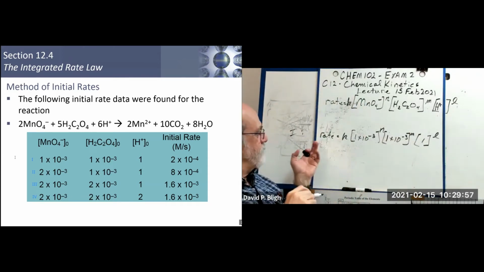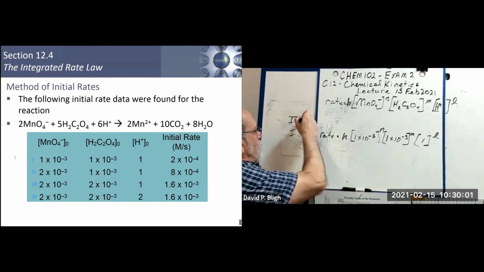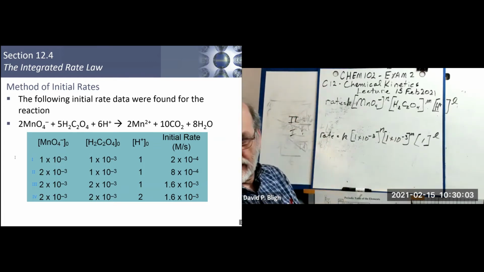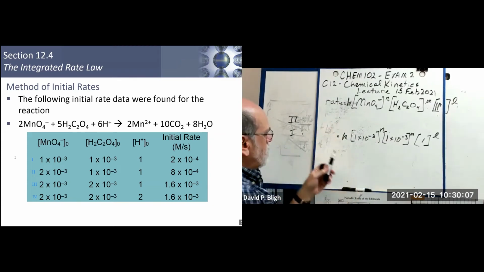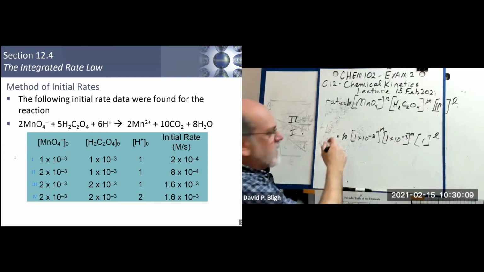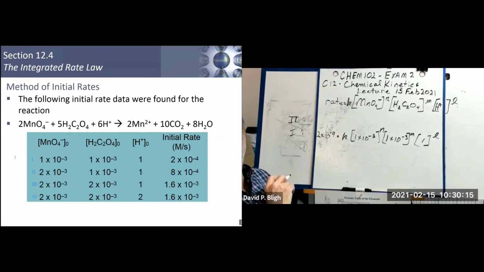Now, if we did that for Roman numeral 2, well, actually, what is the rate? We have a number there, don't we? 2 times 10 to the minus 4. There you go.